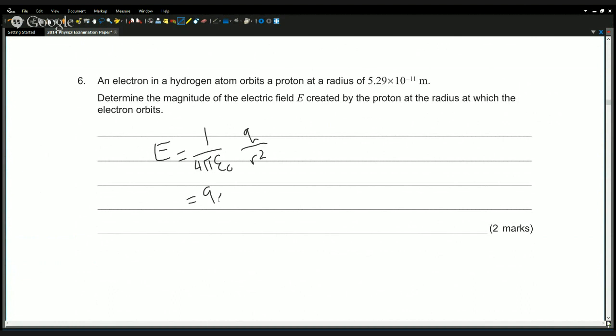That whole set of values there is 9 times 10 to the 9, and the charge of the proton is 1.6 times 10 to the negative 19, over the distance as stated squared.